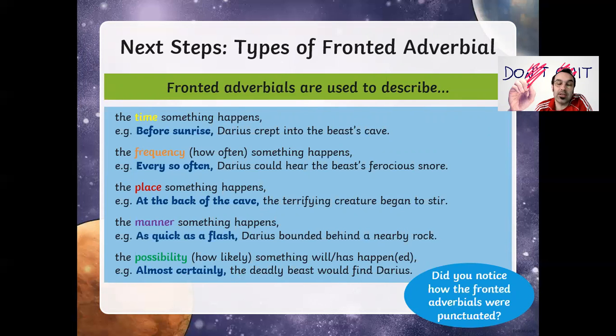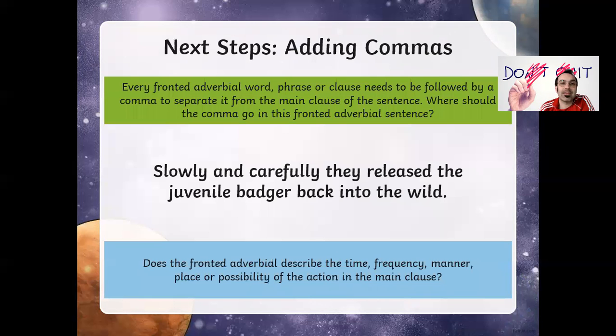So have a little look now at all the fronted adverbials, and is there anything you can see which separates them from the rest of the sentence? Can you see? So adding commas, yes, well done. Every fronted adverbial word, phrase or clause needs to be followed by a comma to separate it from the main clause of the sentence.